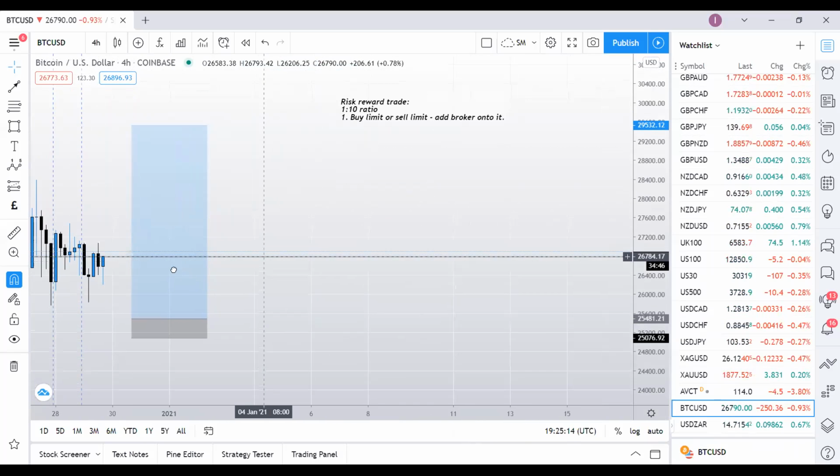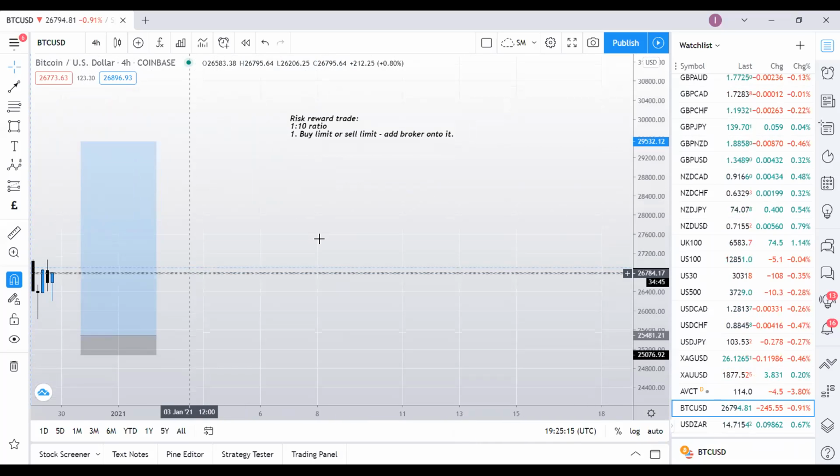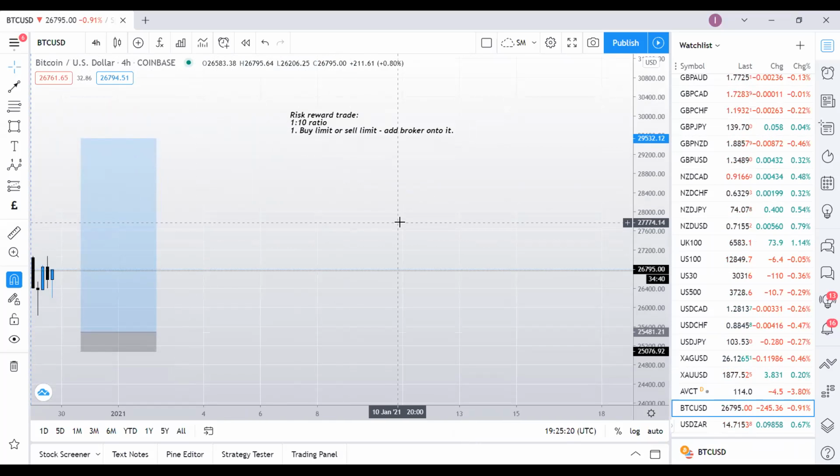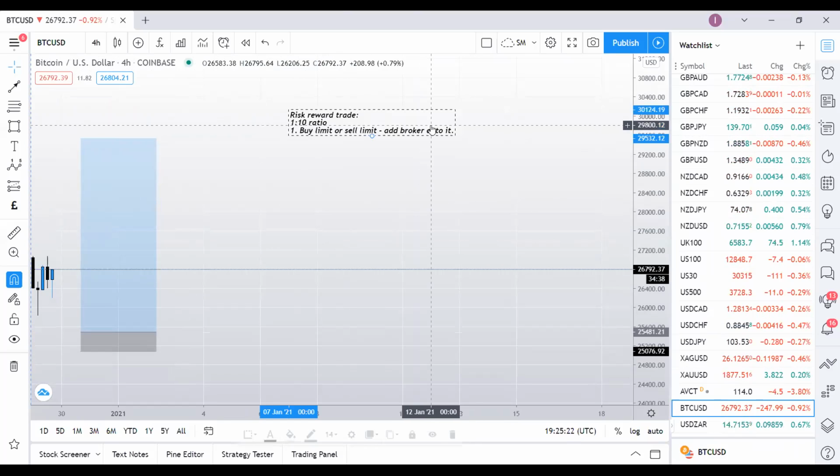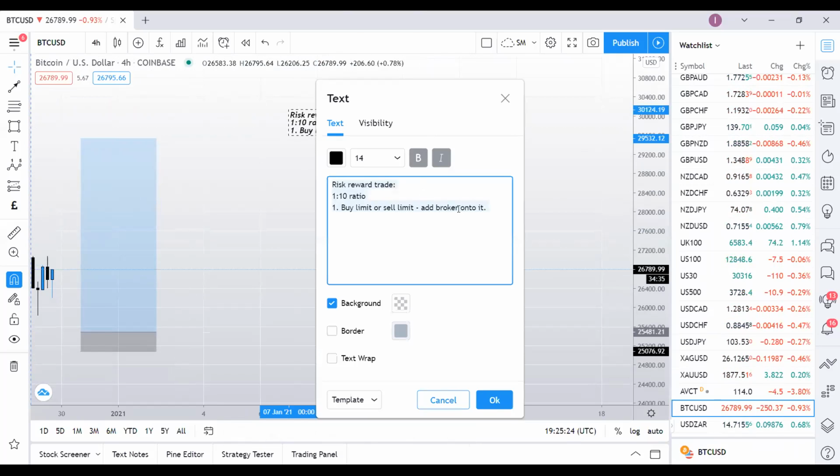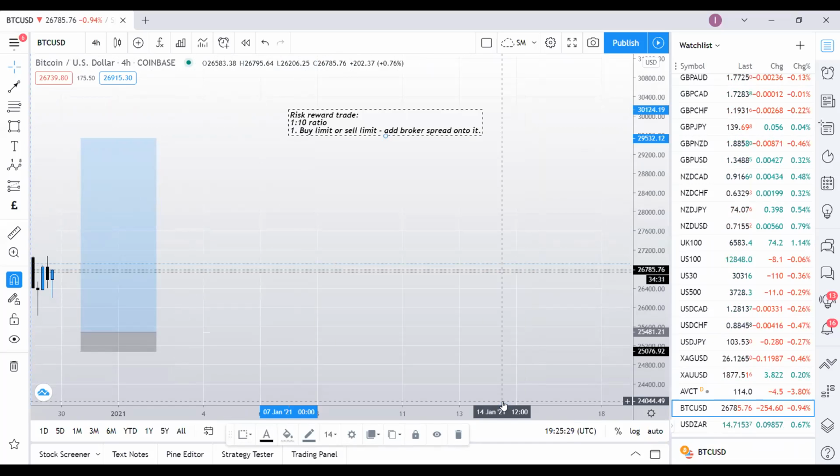Now, does everybody understand how to identify broker spread? It's on your MetaTrader 4, isn't it? Yes, you can see it between the buy and sell. So anyone who doesn't, what I suggest is if you go onto your MetaTrader and under any currency pair, you will see there's spread written below it.